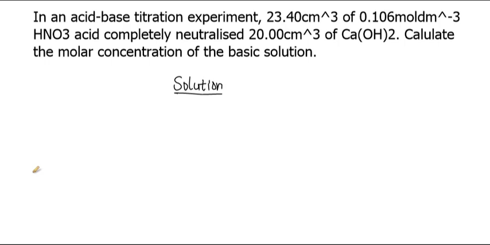From the question, you are being made to understand that the reaction between the acid and the base here is a neutralization reaction, as we all know. So the first thing to do is to write out the chemical equation showing the reaction between the acid and the base. So we have the acid, trioxonitrate(V) acid, which is HNO3, reacting with the base, calcium hydroxide.